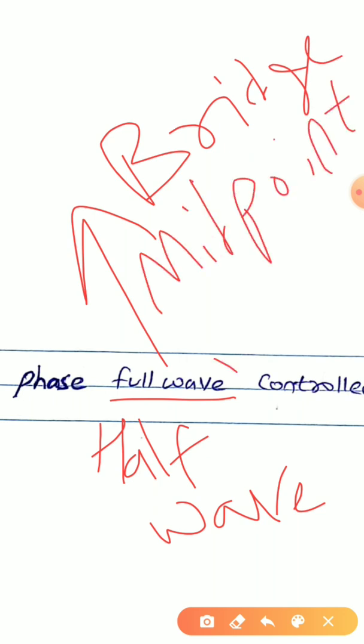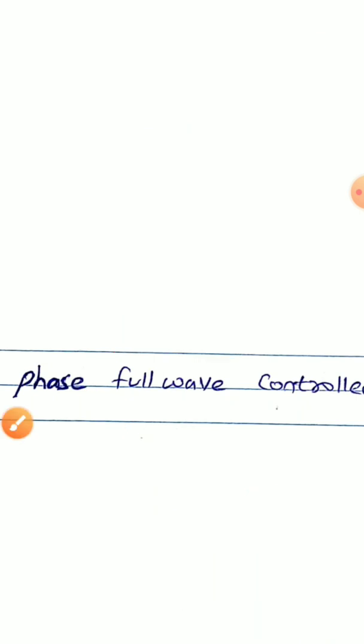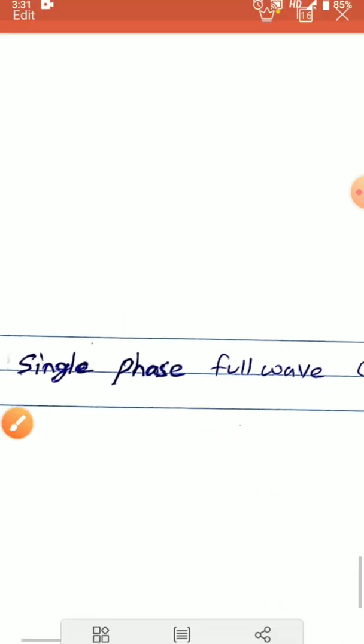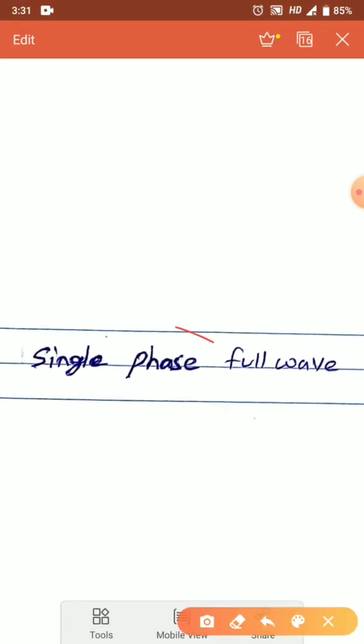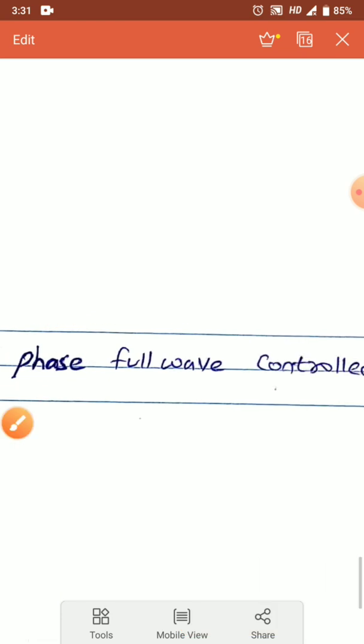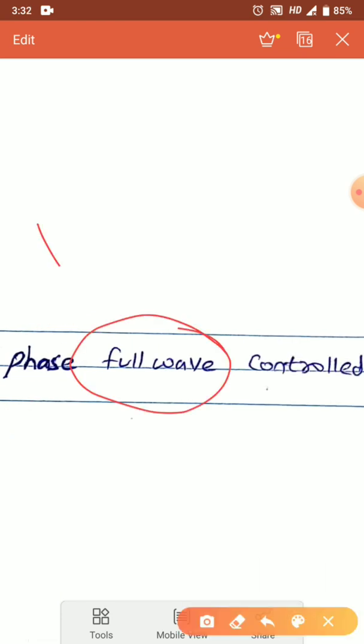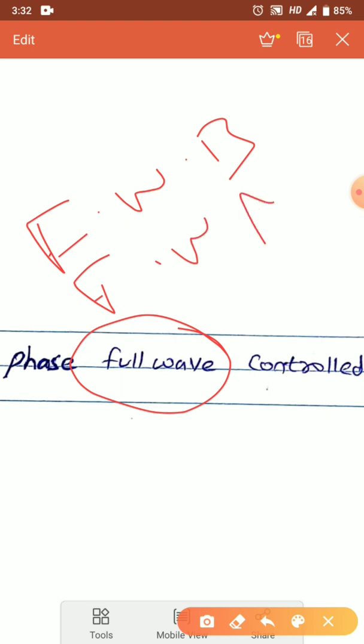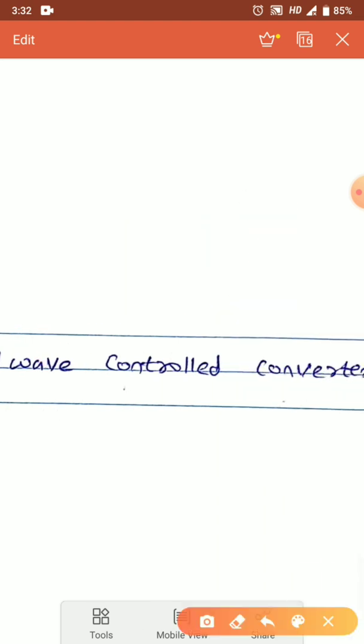So the second phrase, full wave, can be replaced with full wave bridge configuration, full wave midpoint configuration, or half wave configuration. So the first phrase was single phase, which can be replaced with three phase. The full wave can be replaced with full wave bridge configuration, full wave midpoint configuration, or half wave configuration.